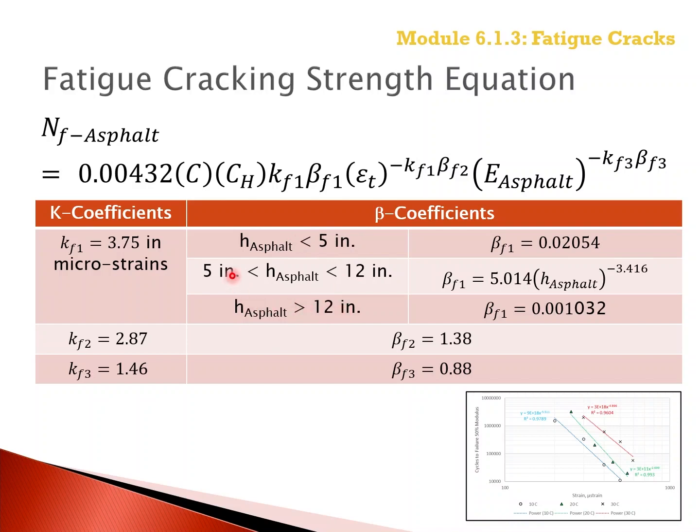But then for the thickness from 5 to 12, the beta coefficient is defined based on the thickness of the asphalt layer, the total thickness of the asphalt layer. The beta calibration coefficient for the term KF2 and KF3 are also constant.